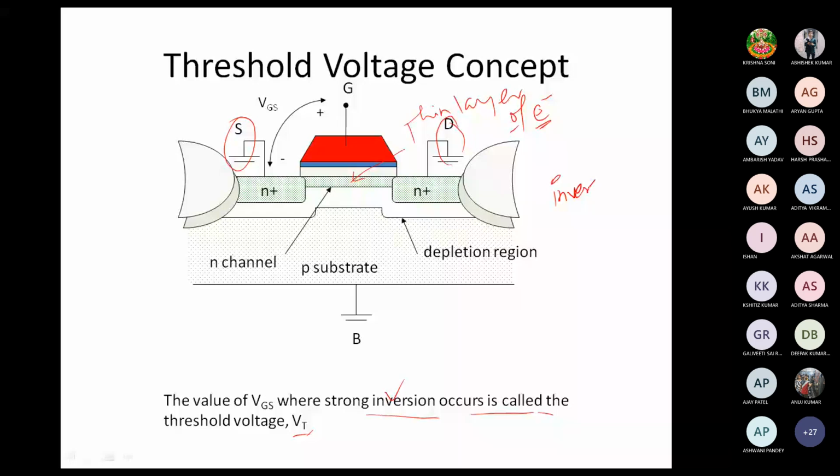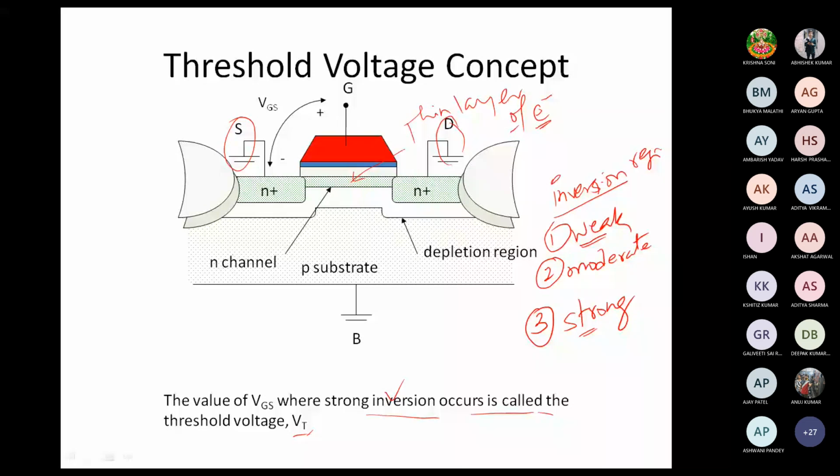First is called weak inversion, second is moderate inversion, and the third one is strong inversion. Between weak and strong, we define the moderate inversion region, which is neither very weak nor strong, but in between.